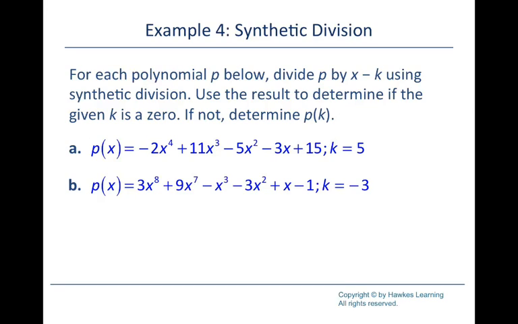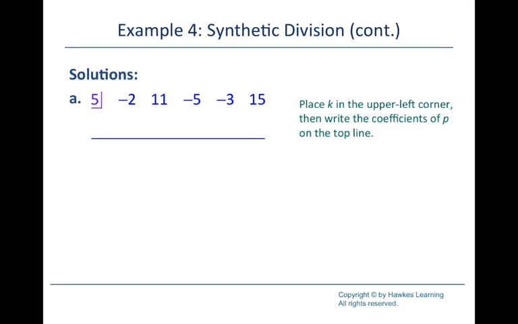Let's start with the simpler one, which is A. So there's our original coefficients. We don't list the x's, we just list the coefficients, and we're dividing by 5. And the way you do this is I bring down my first number, just bring it straight down and write it here, -2.